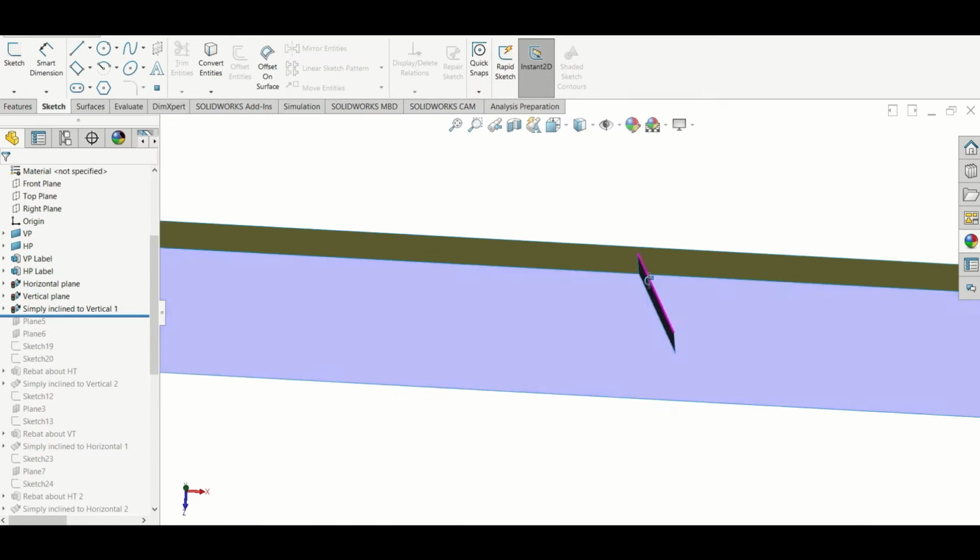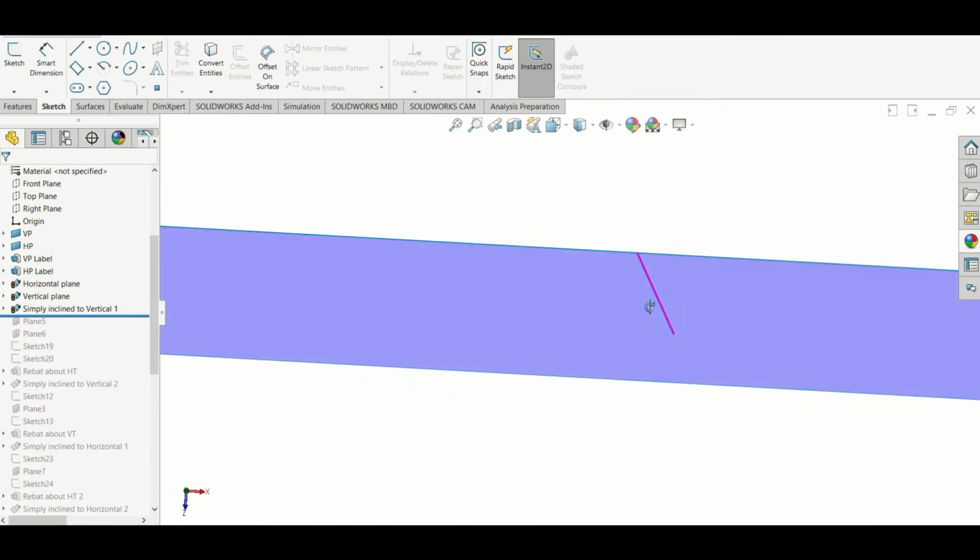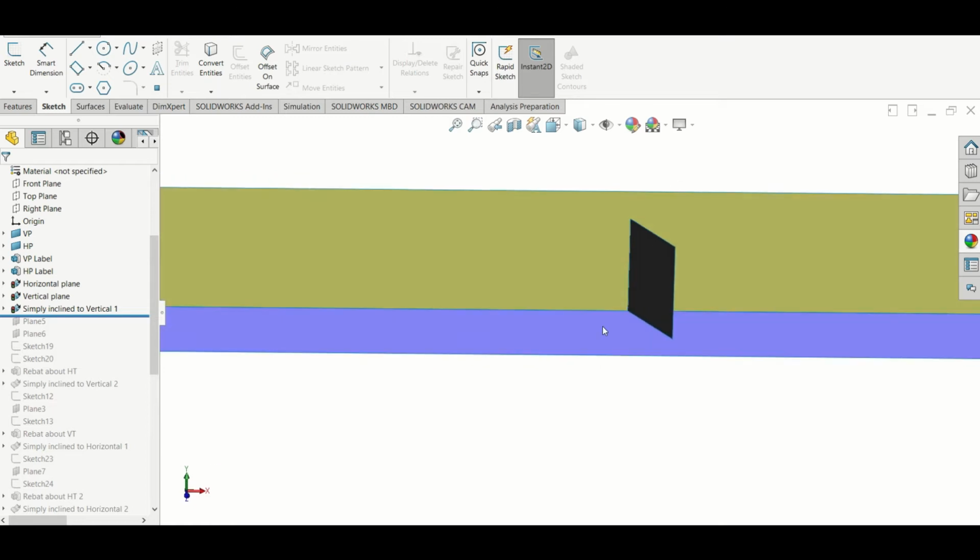What's that angle? That might be about 70 degrees. It makes roughly a 70-degree angle with the vertical, and it's just standing straight up, perpendicular to the horizontal. We call that a simply inclined plane. It is simply inclined to the vertical, so it makes approximately a 70-degree angle to the vertical plane.